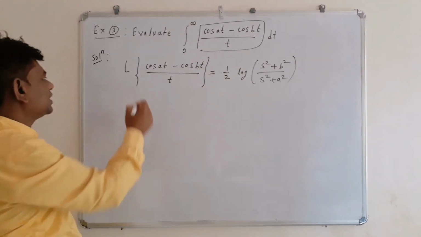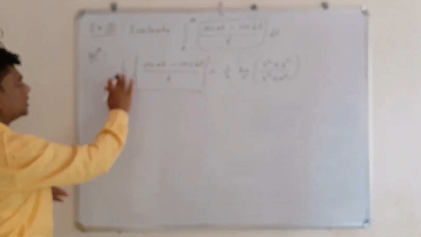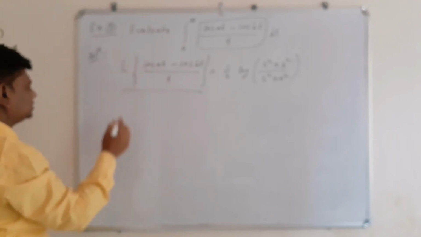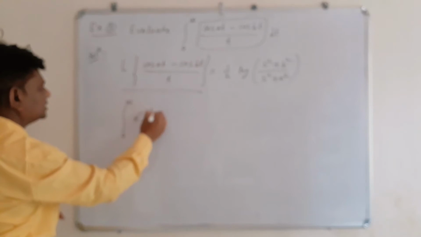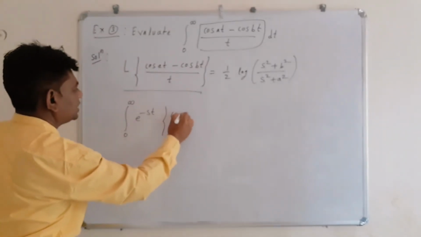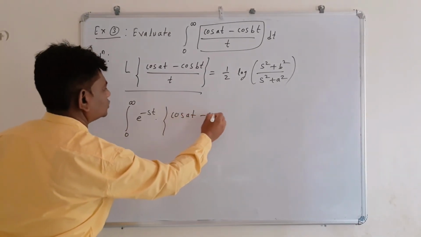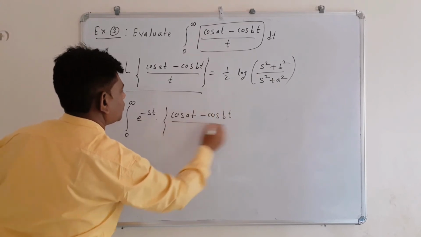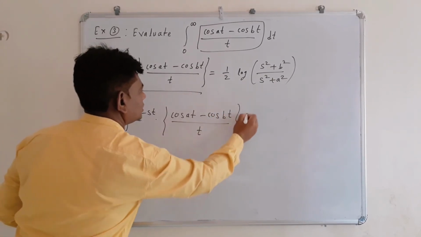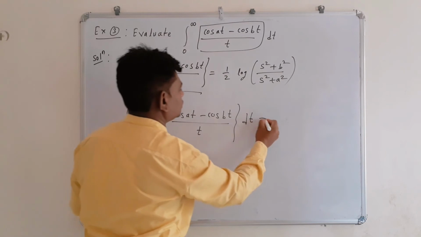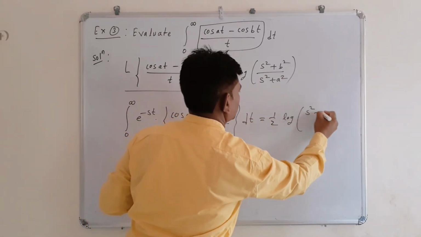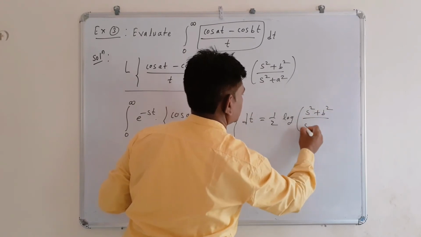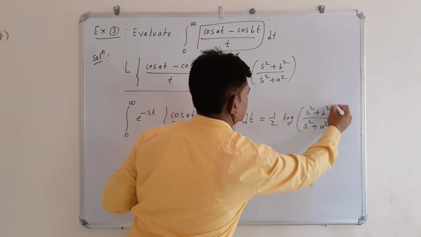Now by using the definition of the Laplace transform, this is equal to the integral from 0 to infinity of e to the power minus st times (cos at minus cos bt) upon t dt, which is equal to half log of s square plus b square upon s square plus a square.